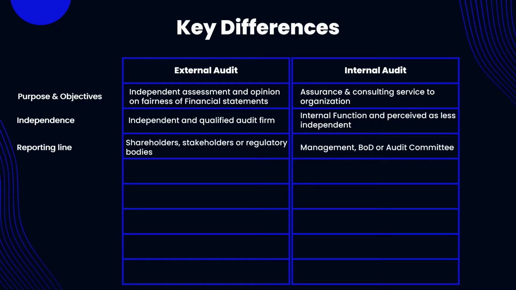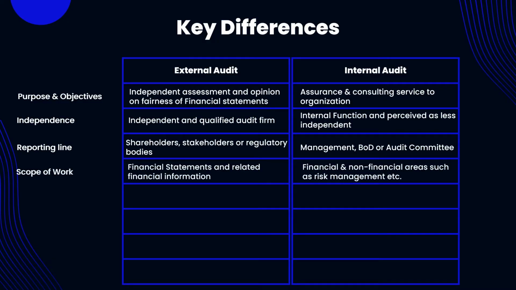Another difference is the reporting line. External auditors report their findings and opinion to the stakeholders, such as shareholders or regulatory bodies, while internal auditors report to the company management, board of directors, or audit committee.